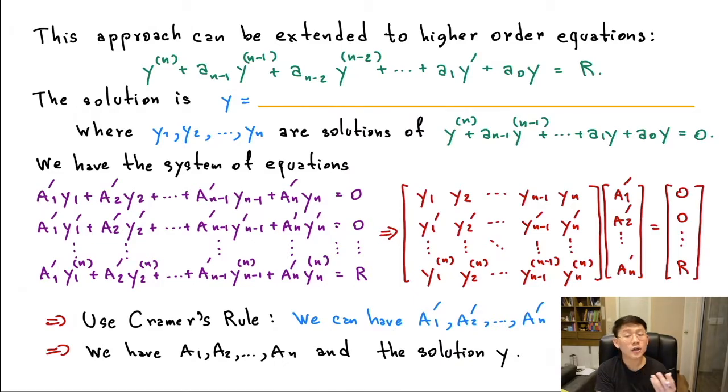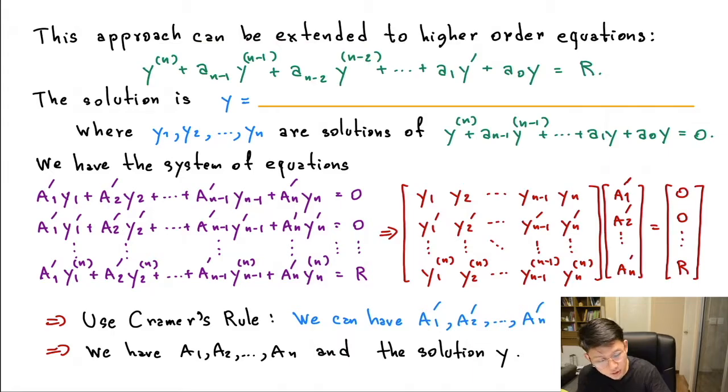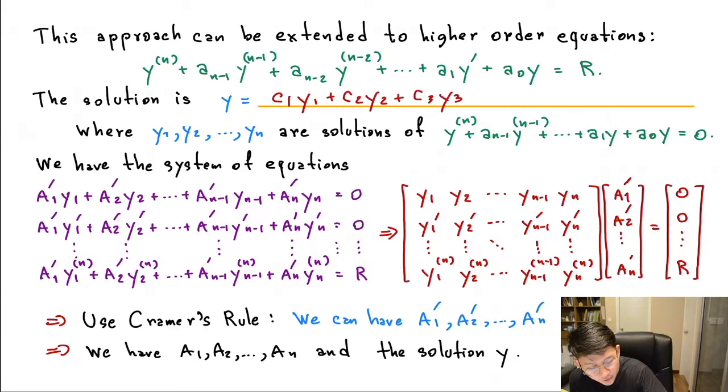This approach can be extended to higher order equations. For example, this is an equation of order n. So the solution is c1 y1 plus c2 y2 plus c3 y3. Oops, sorry, this is not the solution.